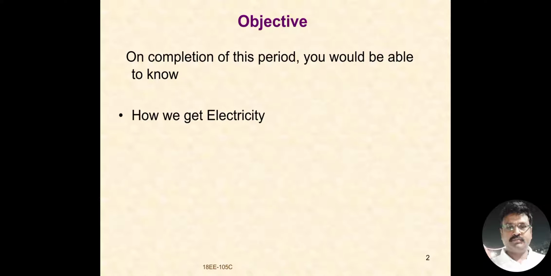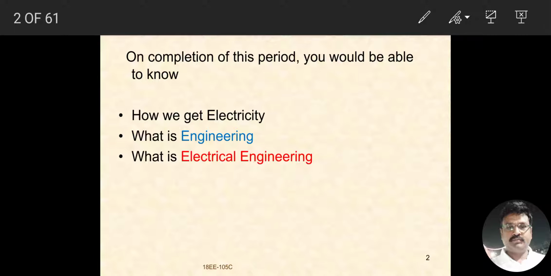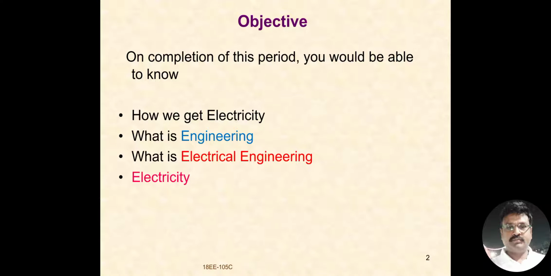On completion of this session, you would be able to know how we get electricity, what is engineering, what is electrical engineering, particularly electricity, atomic structure. So these points will be covered in this session, in this part of the slide.